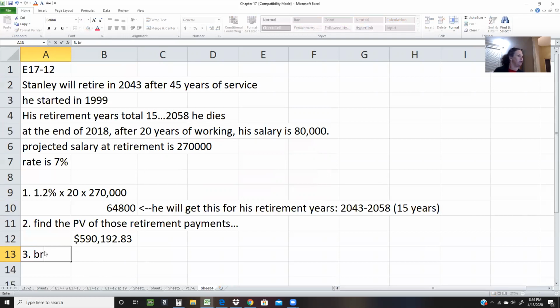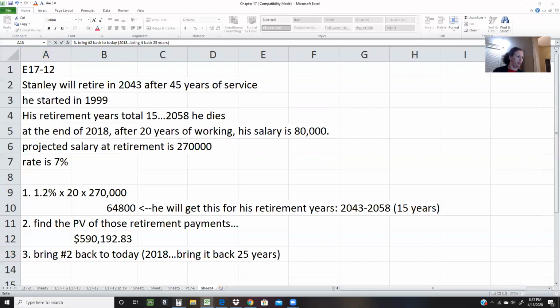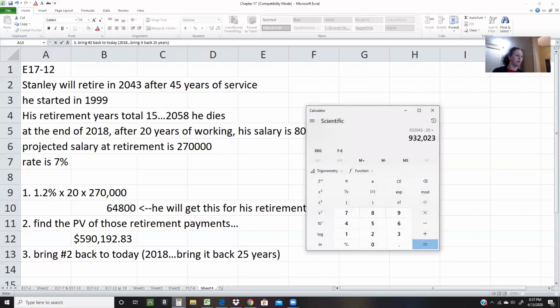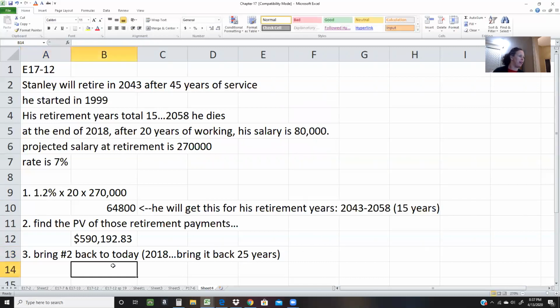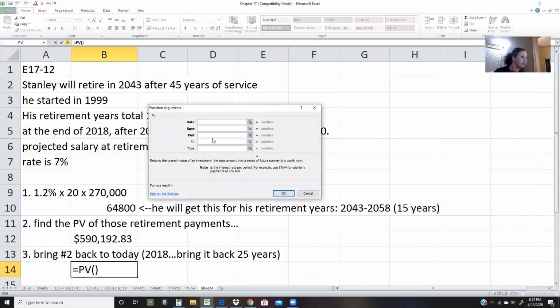So bring number 2 back to today, which is 2018. So bring it back from 2043 to 2018. I think that's 25 years. Yep, 25 years. So what I'm going to do is find the present value of that. Again, the rate is 7%, 25 years.